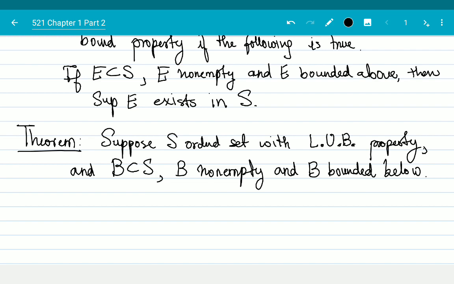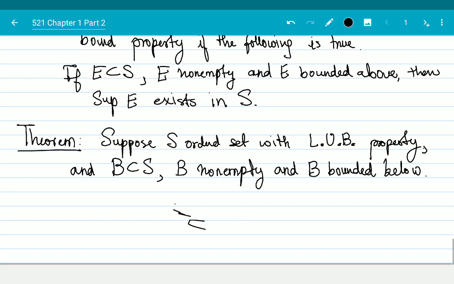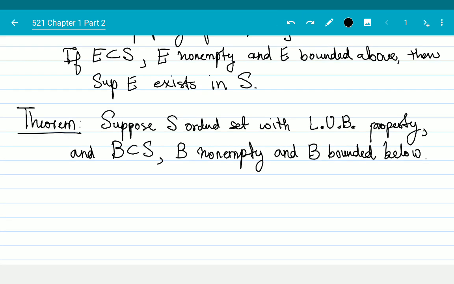Well, I want to show that the infimum then exists in S, right?